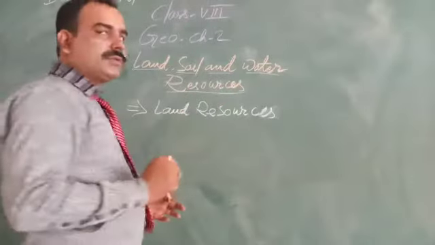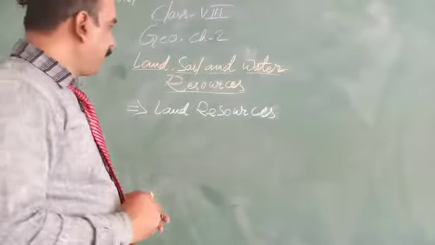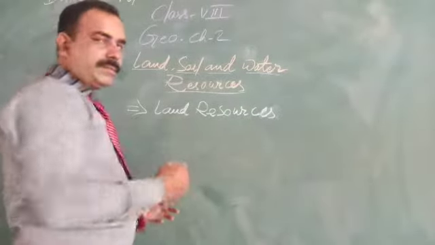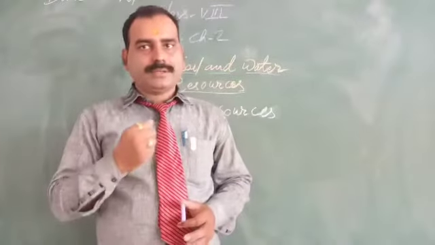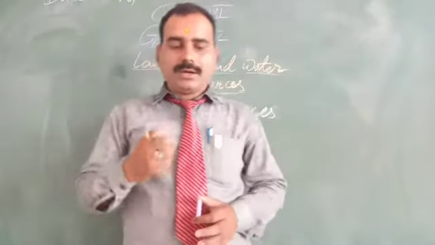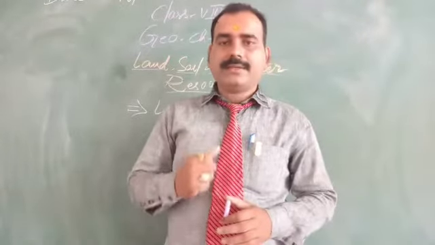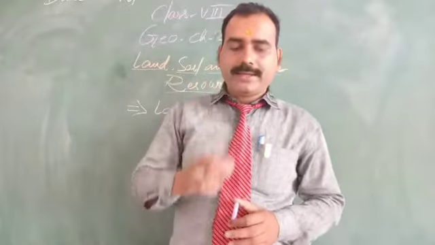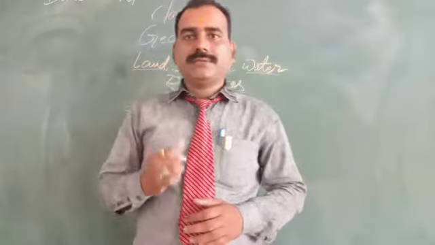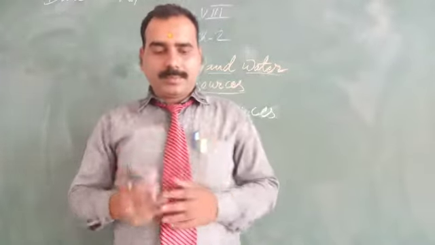So land is also used to cultivate crops, so it is also termed a resource. All human beings live on land and use it for agriculture and various other purposes.